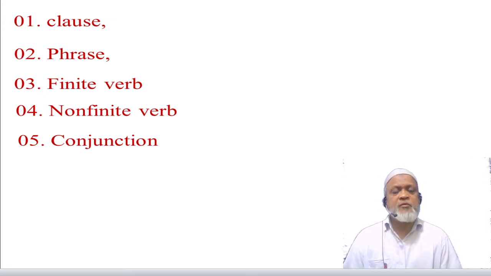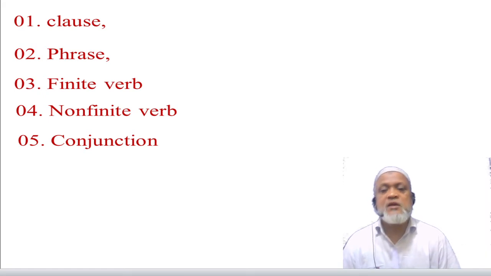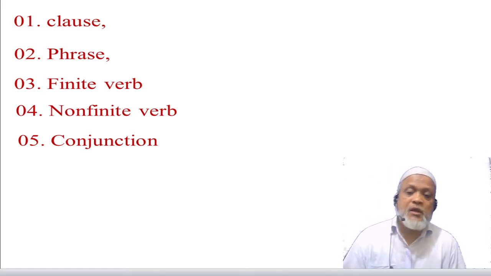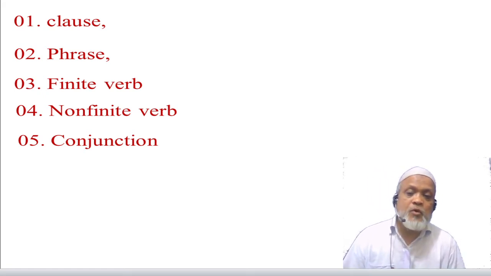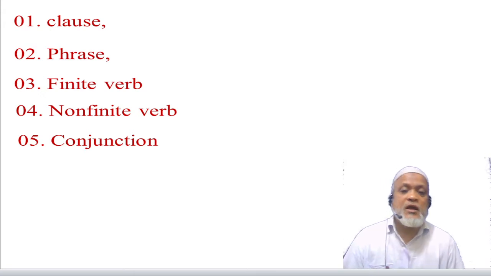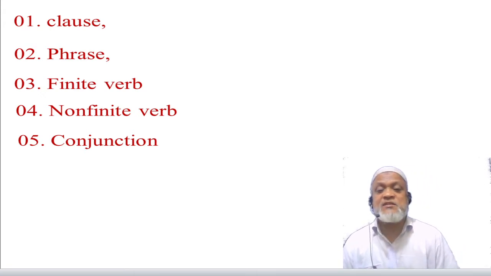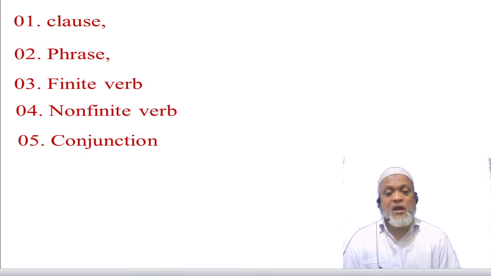What is finite verb? Finite verb is limited verb, the verb which is influenced by tense and subject and other parts of the sentence is called finite verb. In the other sense, we can say the verb which completes the meaning of a sentence is called finite verb.